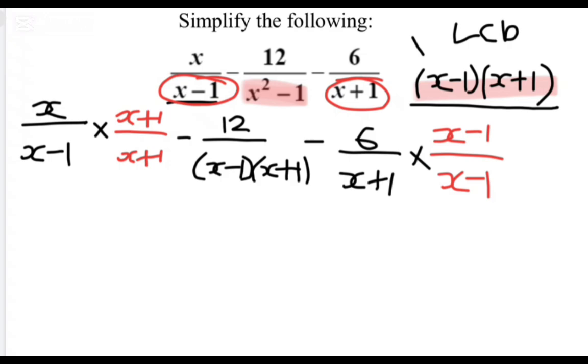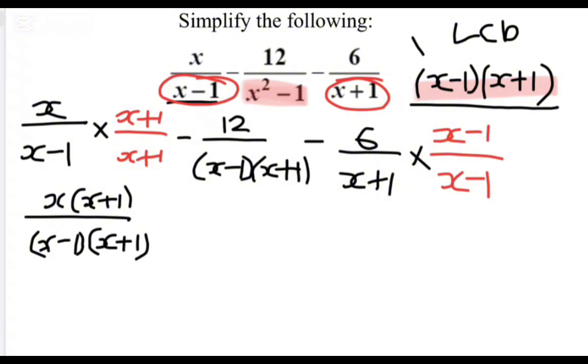Now we can multiply what is here. There at the top, at the numerator, we're going to have x plus 1 divided by x minus 1 and x plus 1, and we're going to have minus 12 and x minus 1 and x plus 1, perfect.